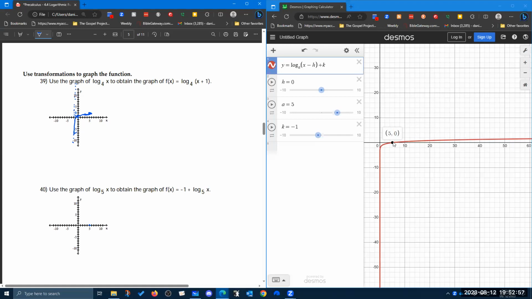When x is 5, log base 5 of 5 is 1, and 1 minus 1 is 0. That's where that came from. Log base 5 of 1 is 0, and 0 minus 1 is negative 1. There's going to be a vertical asymptote at x equals 0. And there's just a very slow growing logarithmic function right there.